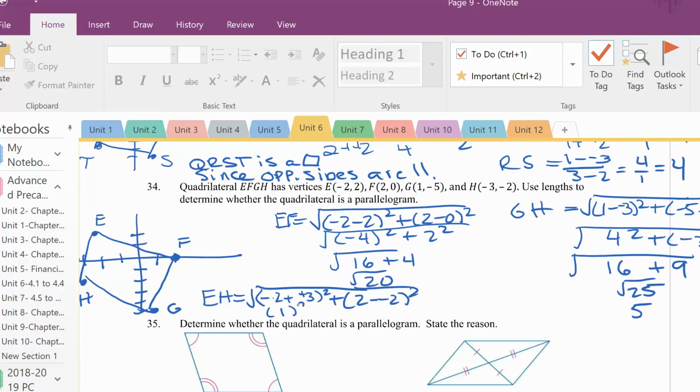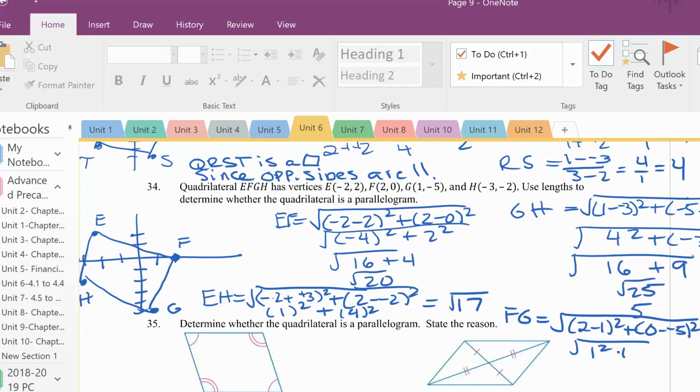So it's 1 squared plus 4 squared, so it's going to be the square root of 17. And then last but not least, FG. FG is going to be 2 minus 1 squared plus 0 minus -5 squared. So it's 1 squared plus 5 squared. So it's the square root of 26.